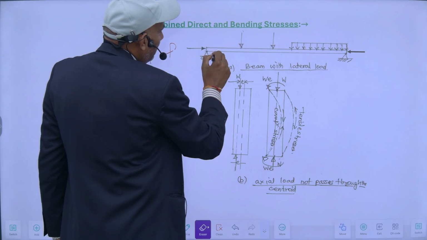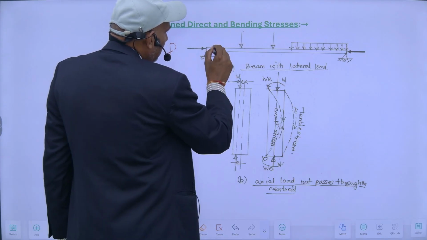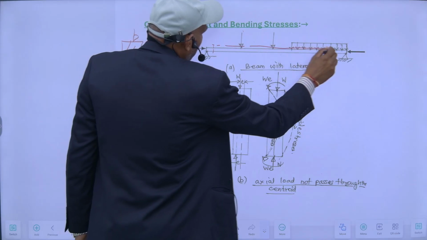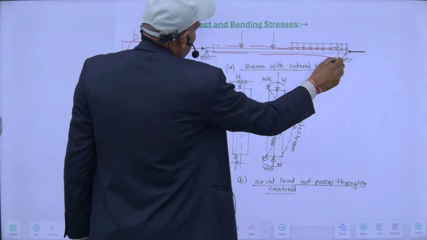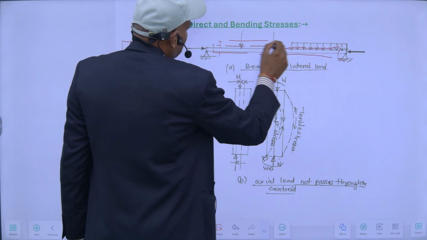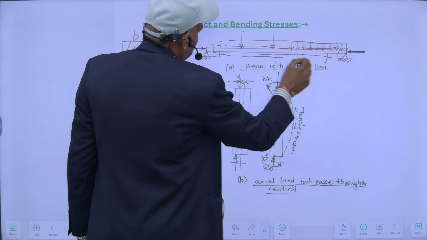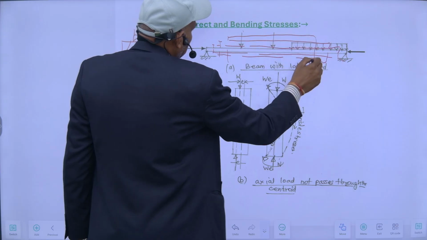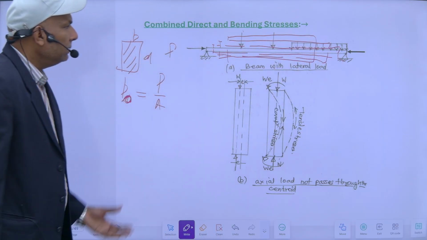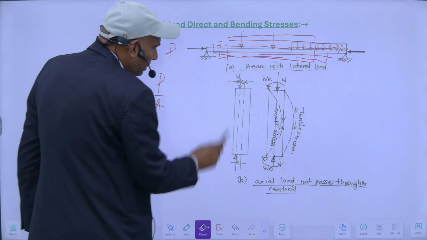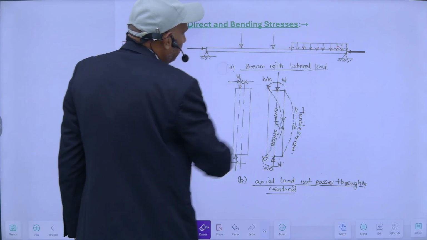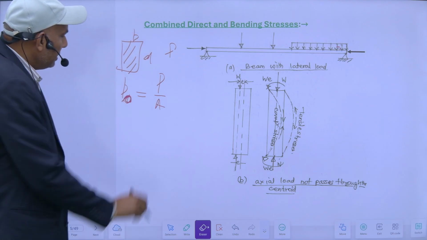Under this load, my beam will behave like this. This will be the effect of this compressive load. So this is my direct stress.